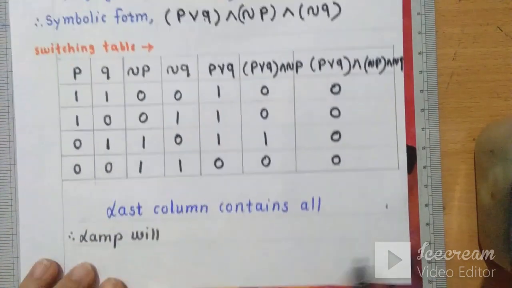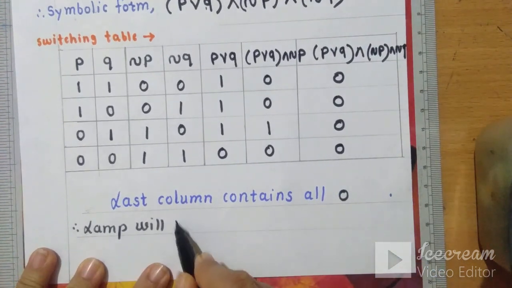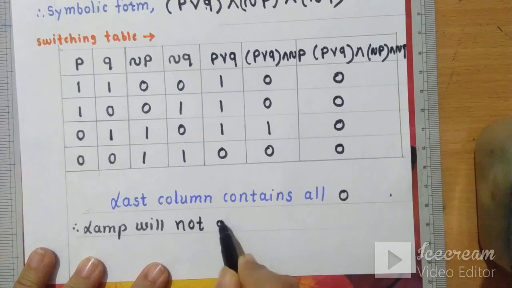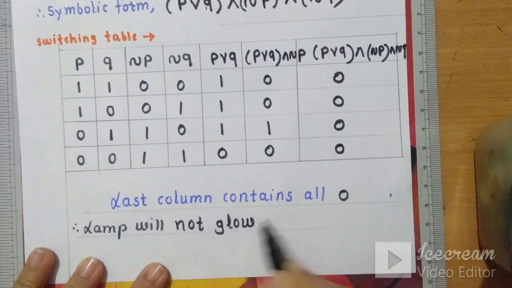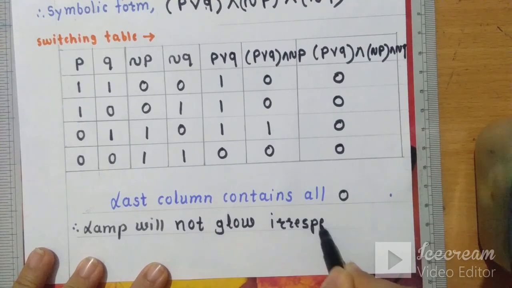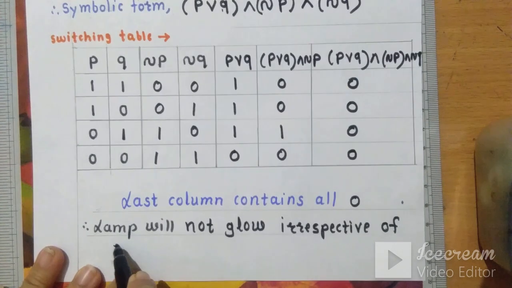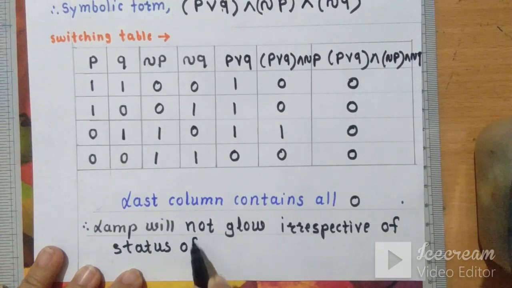So in the last column we can see all 0, so lamp will not glow irrespective of status of switches.